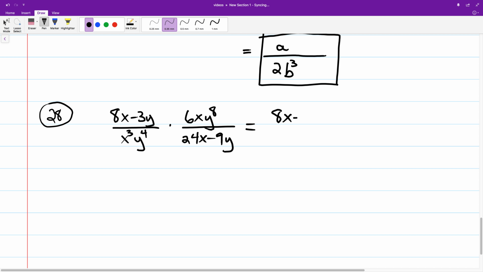So we have 8x minus 3y over x cubed y to the 4th, again times 6x y to the 8th.